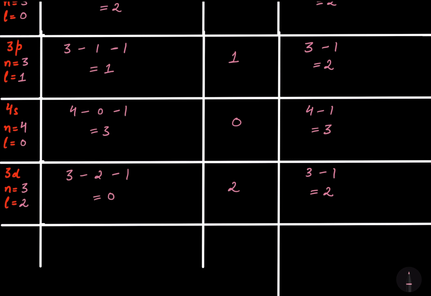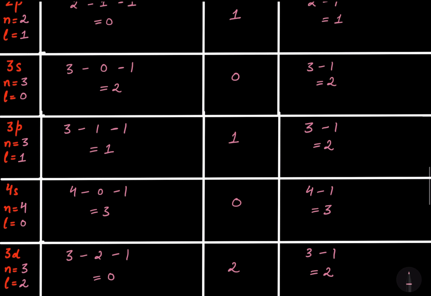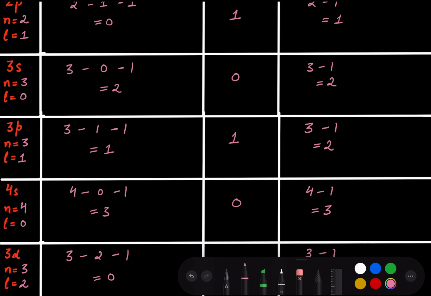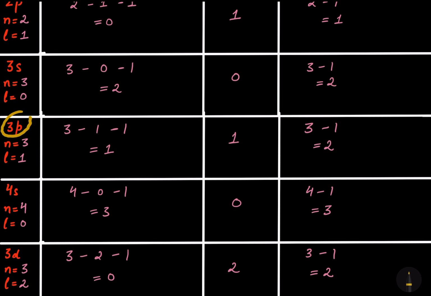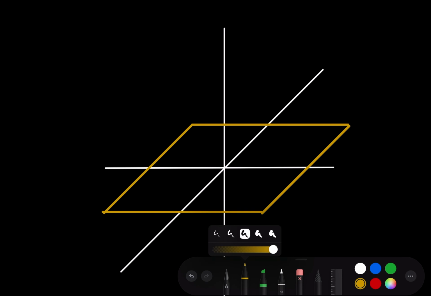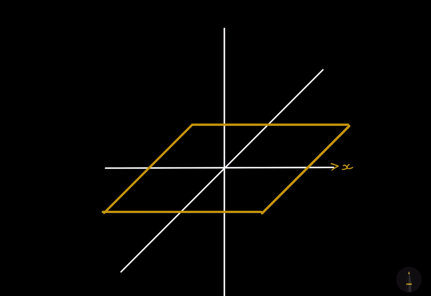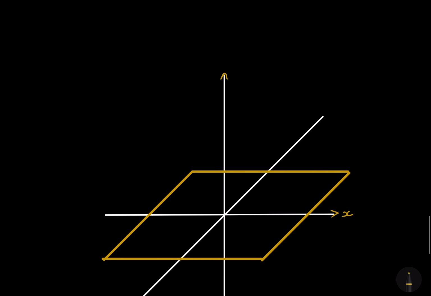So now I have to specifically mention by a diagram the presence of radial node in case of 3p orbitals. So for that I have made a diagram. I have shown over here that's the x-axis, that's the y-axis, and that's the z-axis.